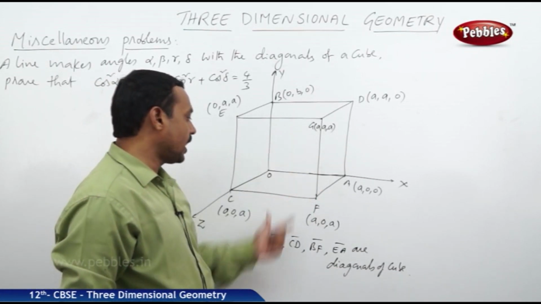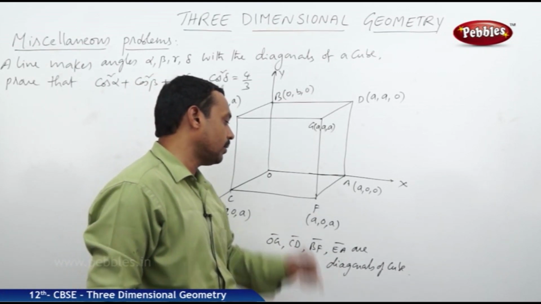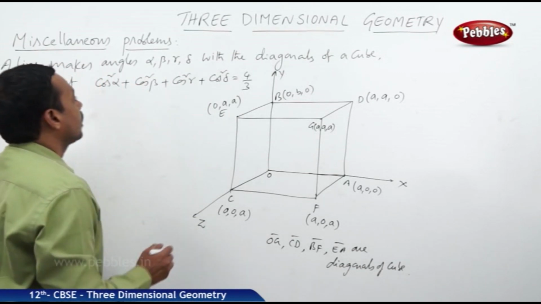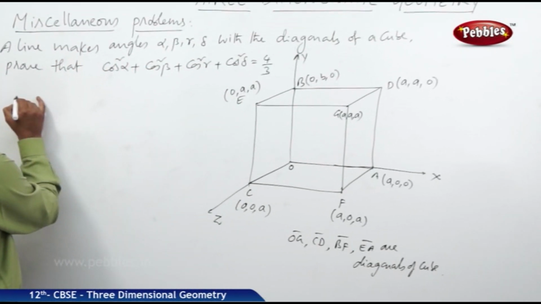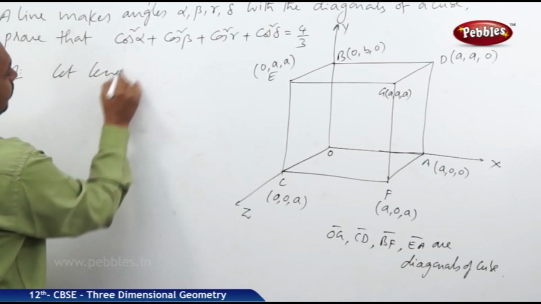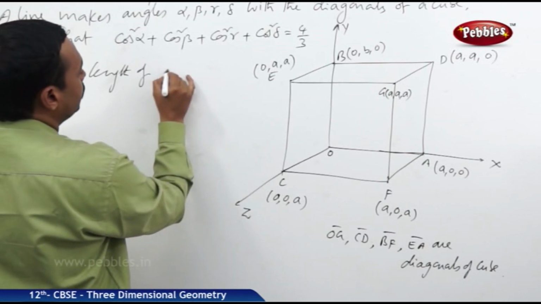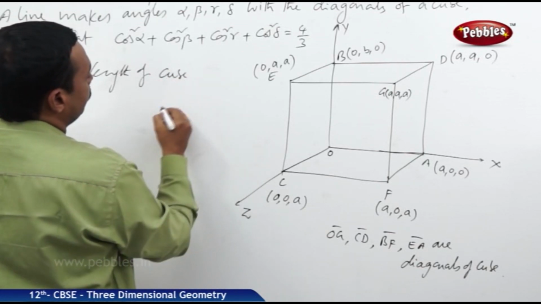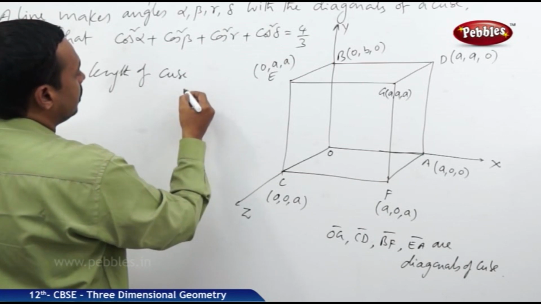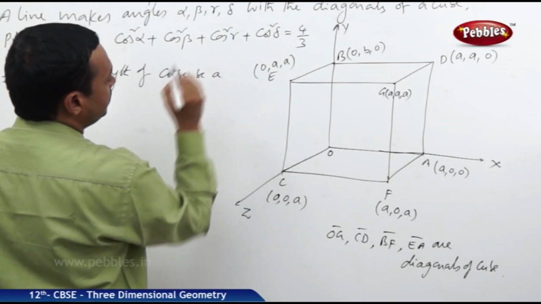So let the four diagonals be OG bar, CD bar, BF bar, EA bar. And now let the length of the side of the cube be A units.